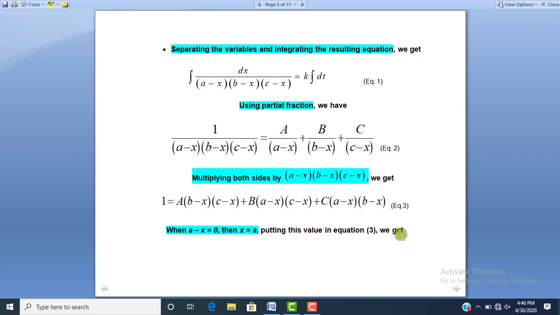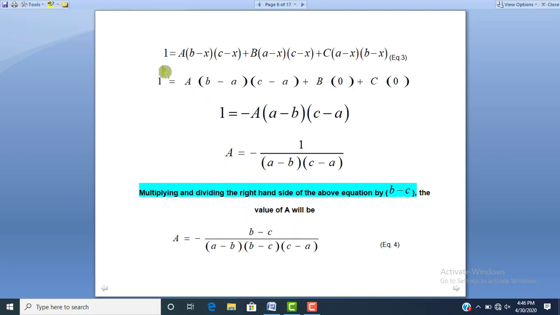So, if we use this equation number 3 and apply the condition, let us suppose when a minus x is equal to 0, it means x is equal to a. So we will put this x equal to a value in this equation number 3 as given here.